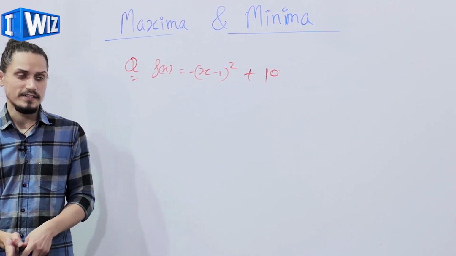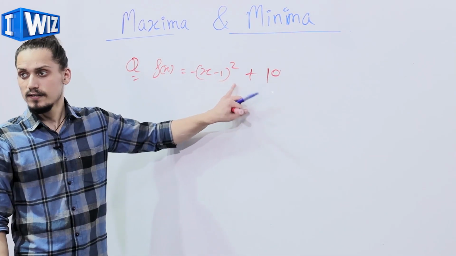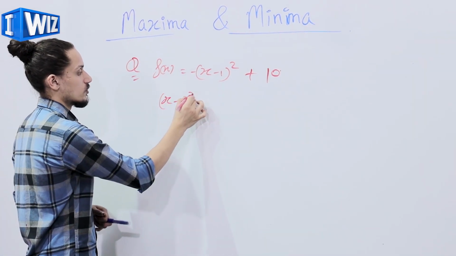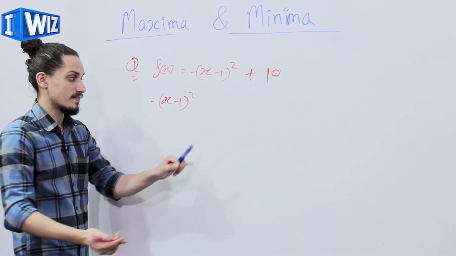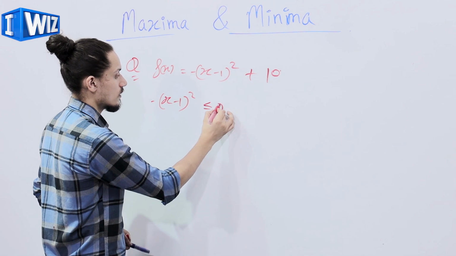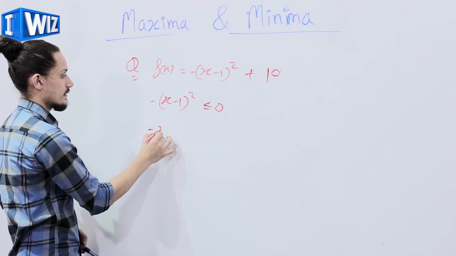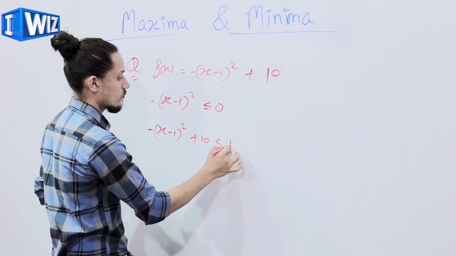Now let's look at another example. Say we have f of x is equal to minus (x minus 1) square plus 10. So we know (x minus 1) square is always non-negative, but negative of this whole square will always be less than or equal to 0. Second point, if we add 10 on both sides, we get minus (x minus 1) square plus 10 is less than or equal to 10.